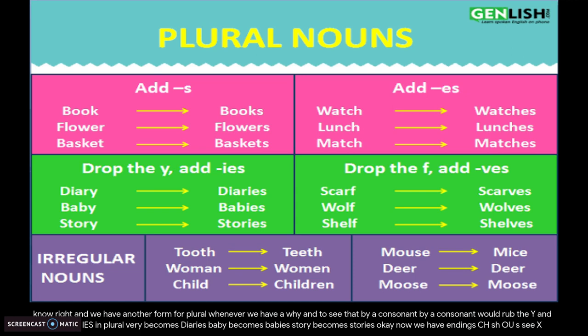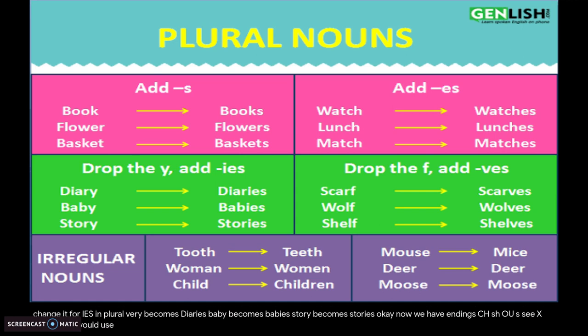CH, SH, O, S, C. Those ones would use an ES, for example, watch, plural watches, lunch, plural lunches, match, plural matches. You see, box has an X, so that will be boxes. If I say SH, for example, we say dish, plural dishes.